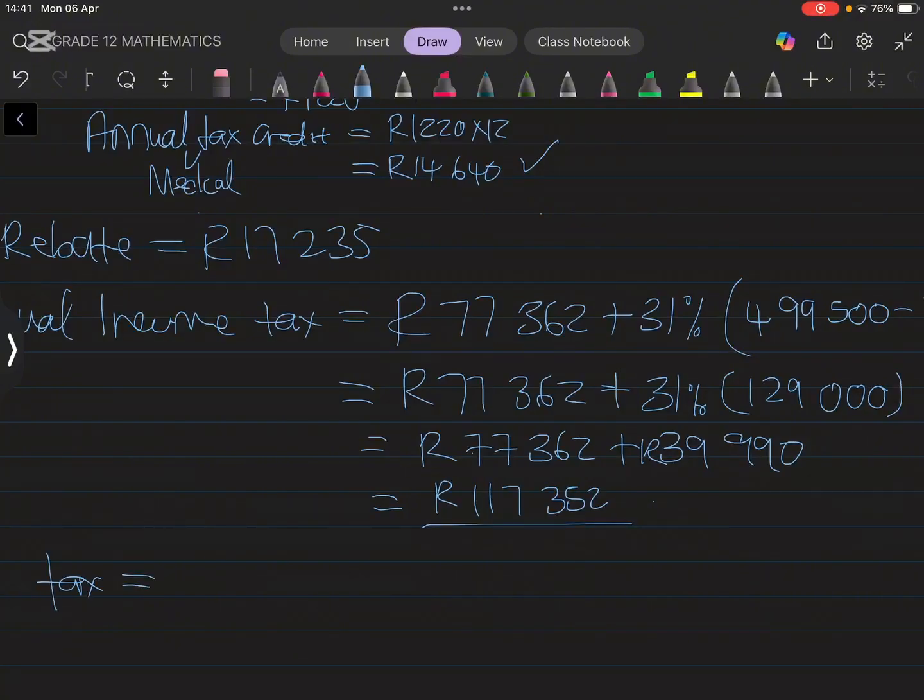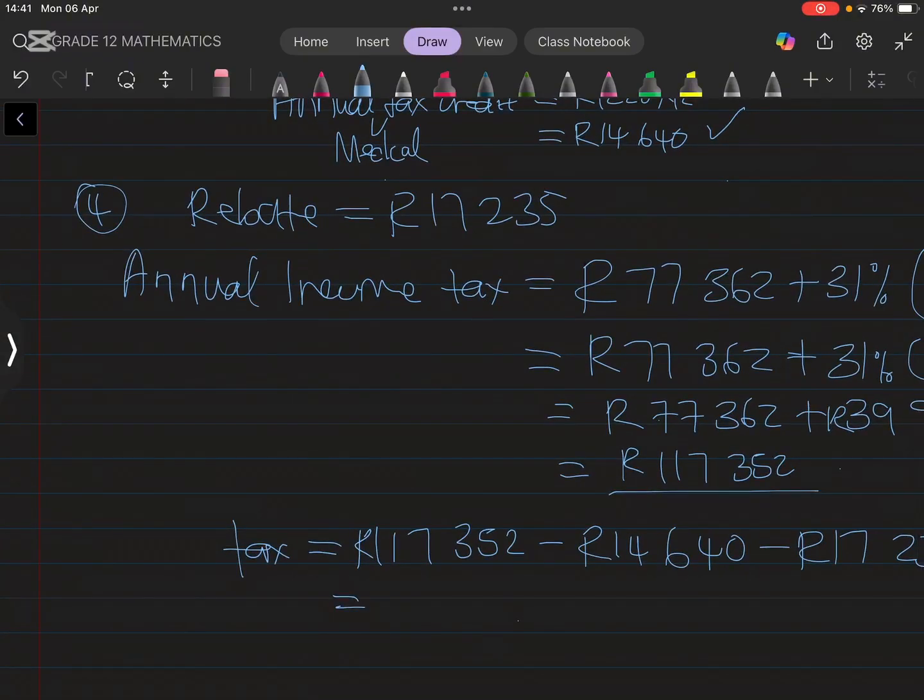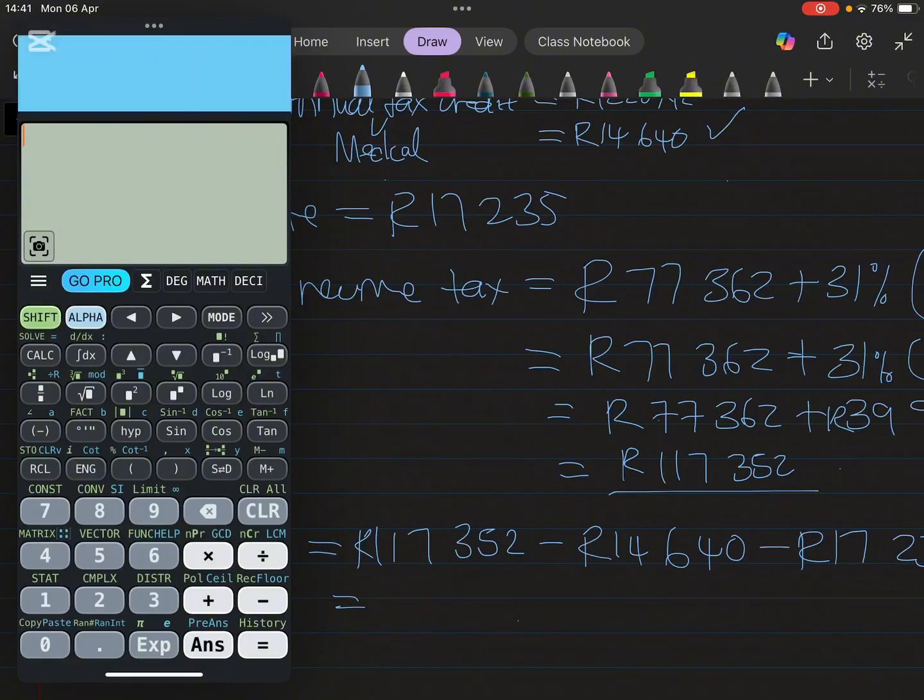So now we need to subtract the rebates, and we also need to subtract the medical tax credit. So the tax will be 117,352 subtract 17,235 subtract 14,640, and then we get the tax which he must pay.